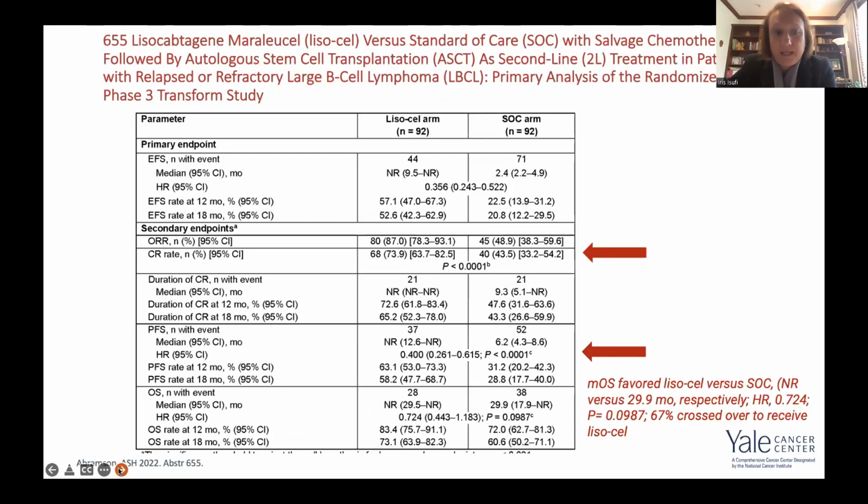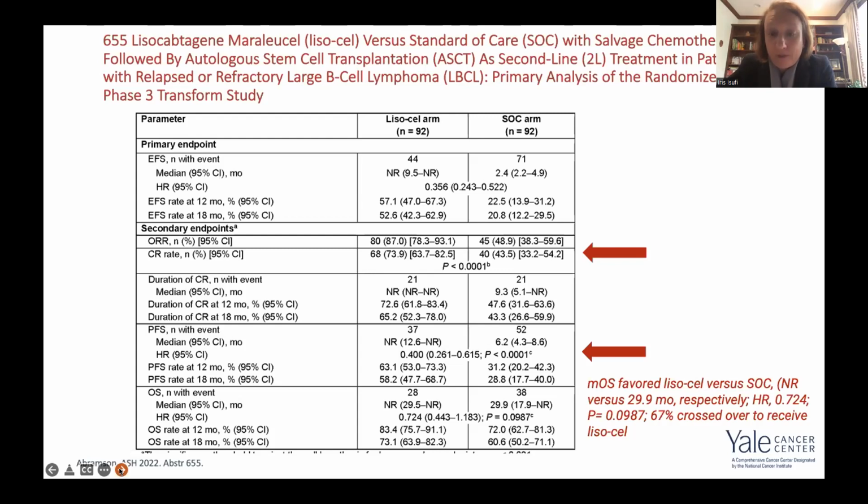So you can see here that for their secondary endpoints, there is also statistically significant complete response rate of 68% compared to 40% in the standard of care arm, and an improvement in progression-free survival that was not reached for the cell therapy group versus only 6.2 months in the standard of care arm for patients who received chemotherapy and transplant.